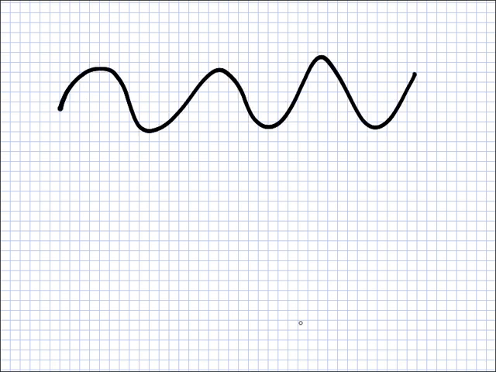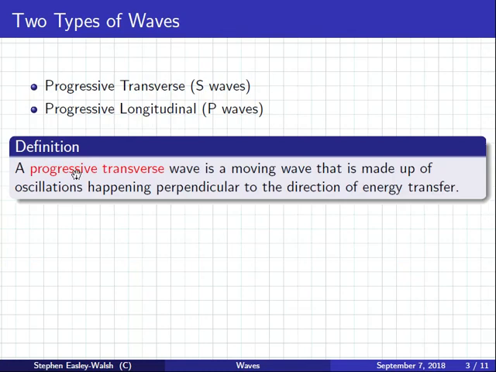That's an S wave. So what happens is the wave goes this way and the oscillations, you can see, are perpendicular. Yeah, that's called progressive transverse, a transverse wave.